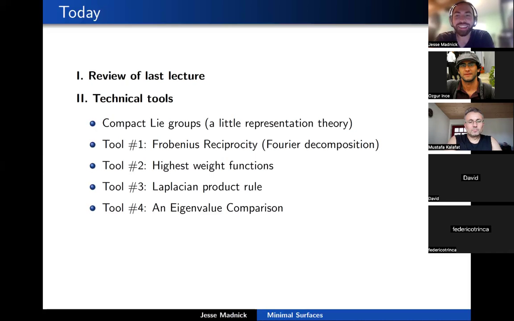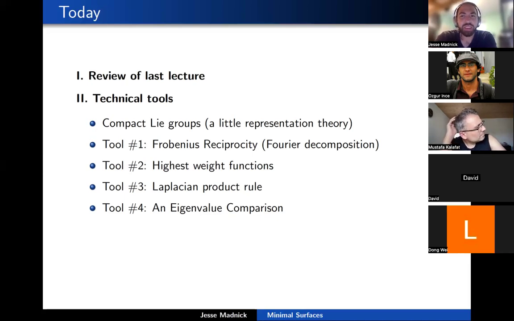Then in the second part, we will discuss the main technical tools that we need to calculate the Morse index of homogeneous minimal hypersurfaces in spheres. As I mentioned last time, the process I'm going to describe is a 4-step process. And each of those 4 steps has a tool or formula that's needed for you to be able to carry out that step.